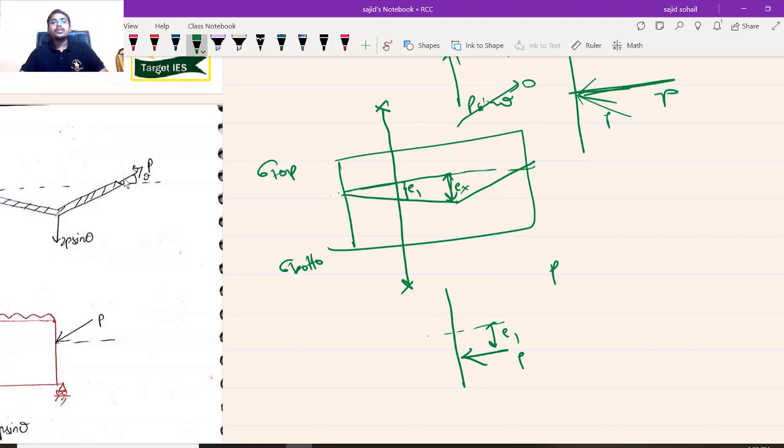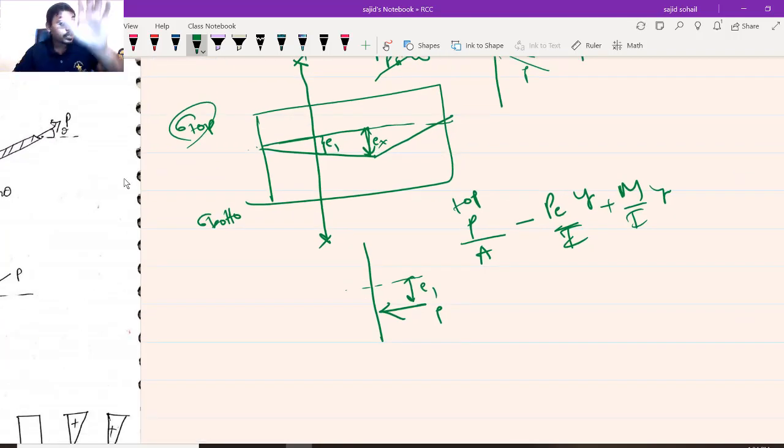What was your sigma top? It was P by A, I hope you remember, minus P E Y by I plus M by I into Y at the top. You can derive it, not at all a problem. You are experts now.